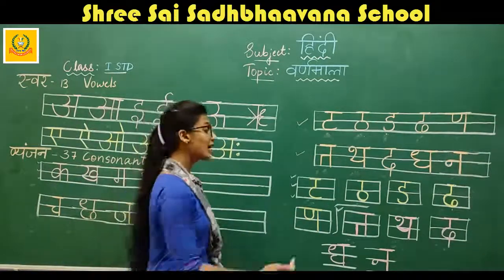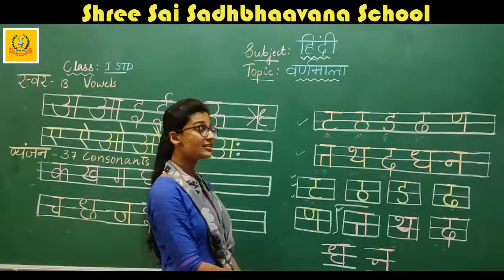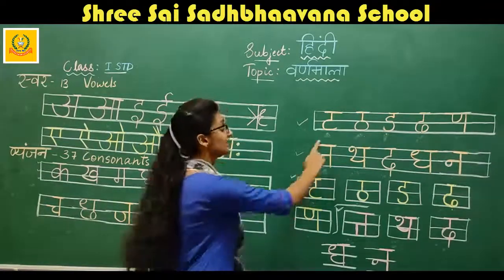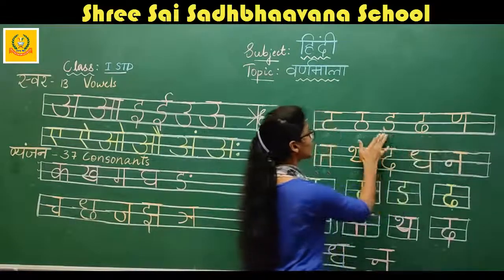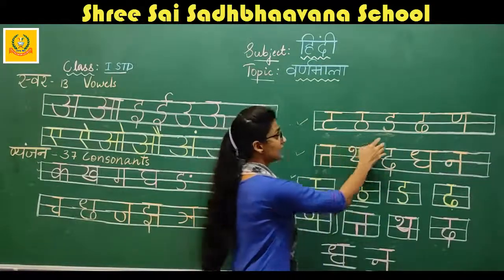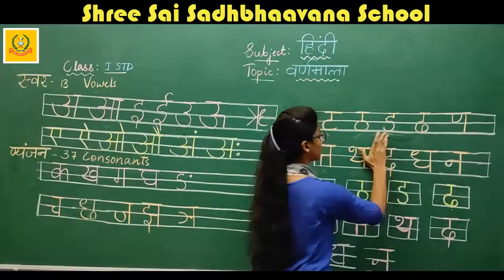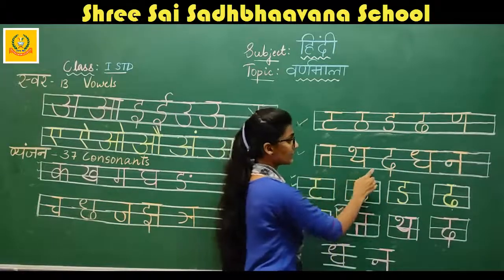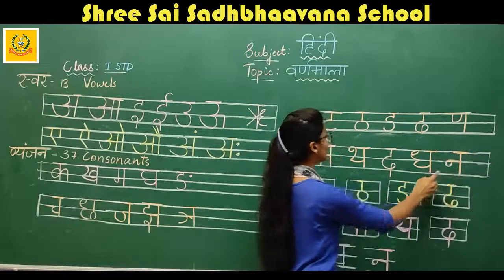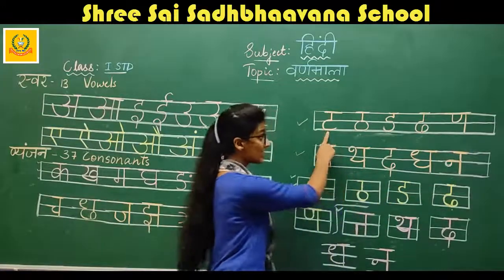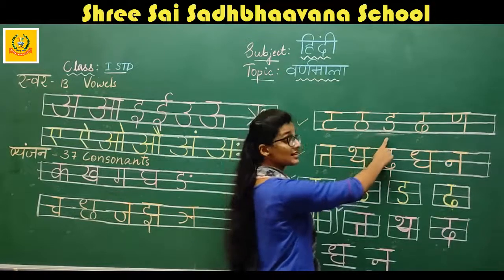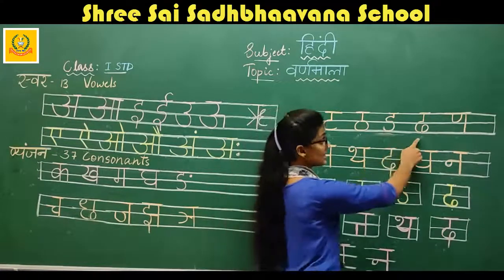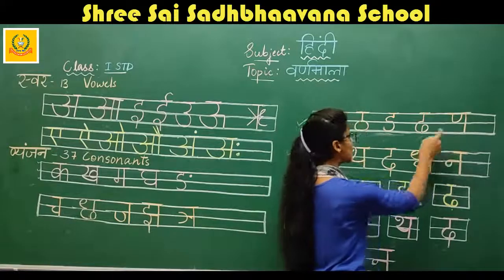And also we learned how to write and learn with example. Ta, tha, da, na. Tha says tongue. Tha says thela. Da says double roti. Dha says dapli. And na.